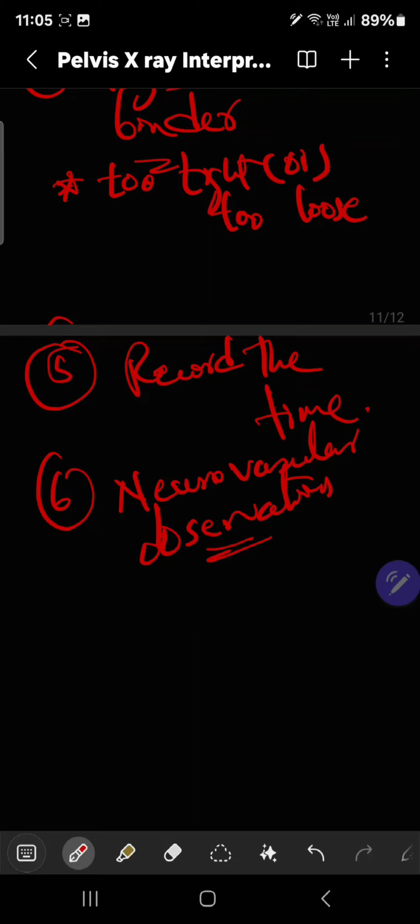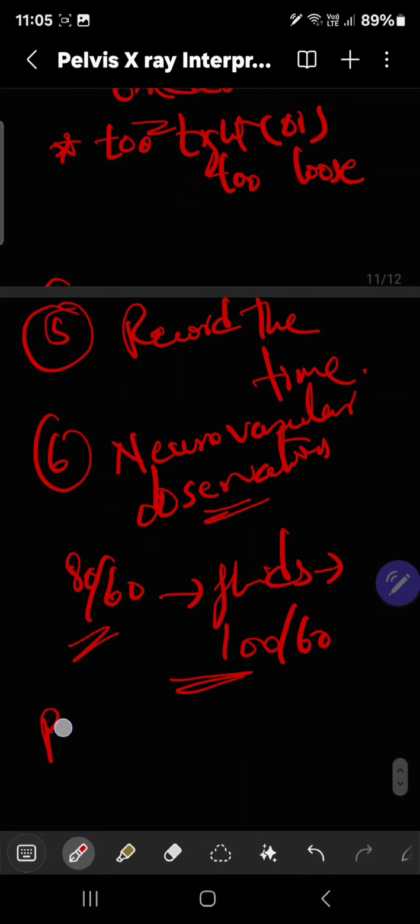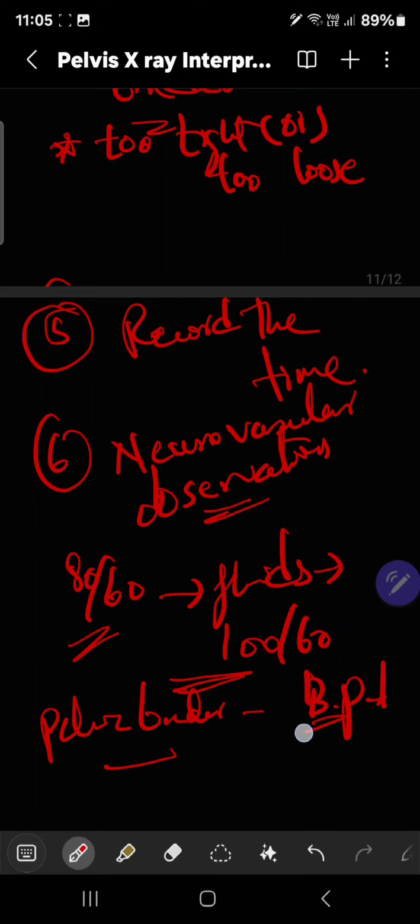Like initially the BP was around 80/60. You have given fluids and now it became 160. You have applied the pelvic binder, and after some time you have to check the BP again, whether it is still low or it is stable.